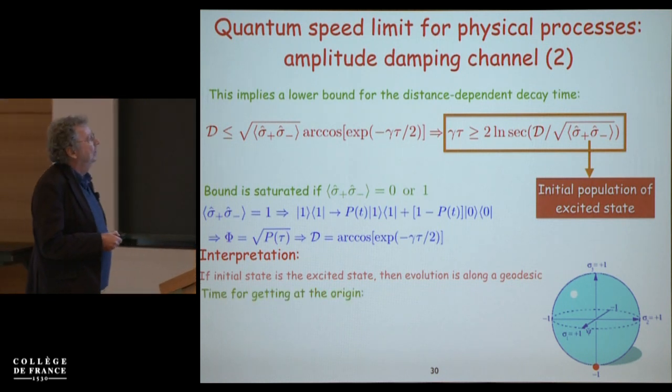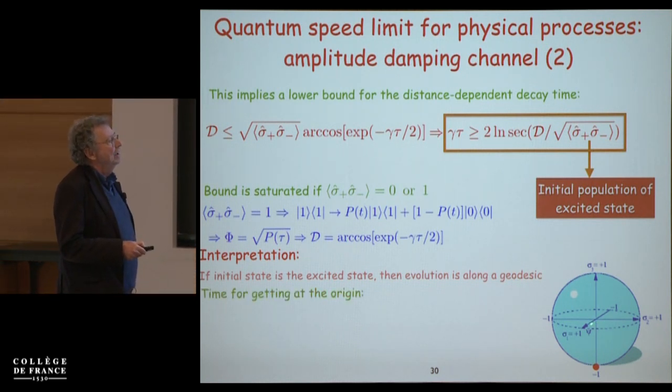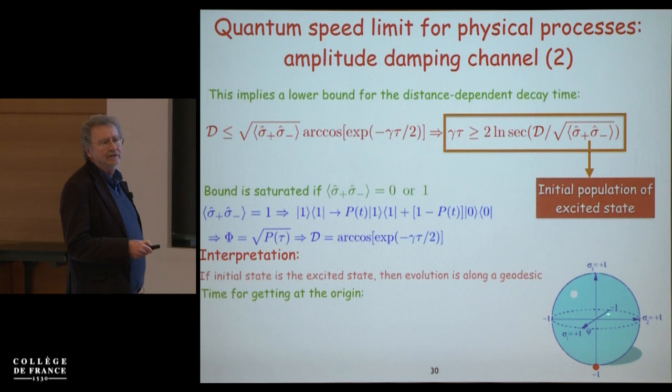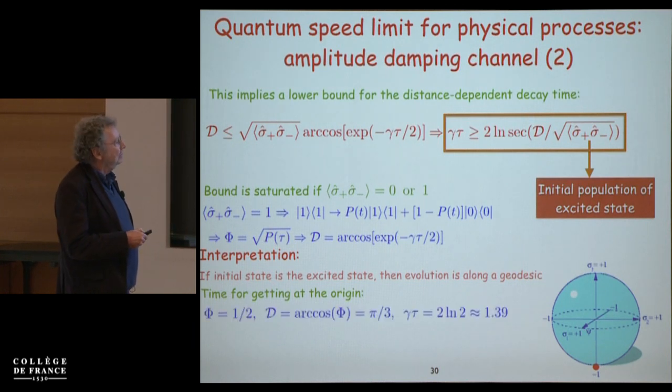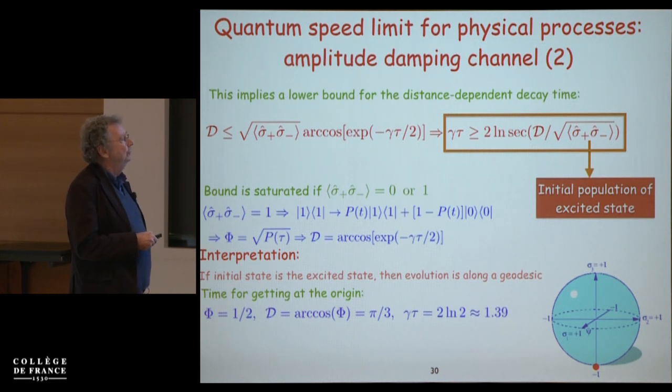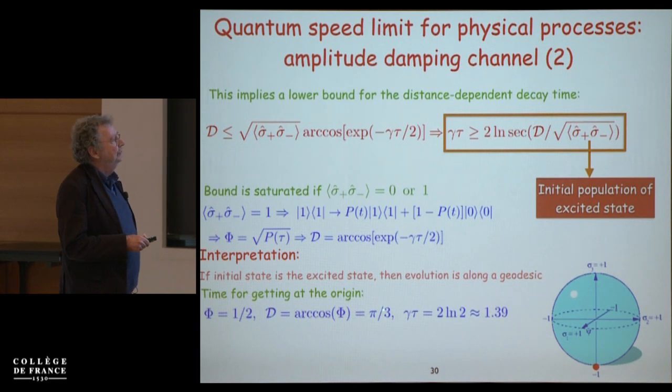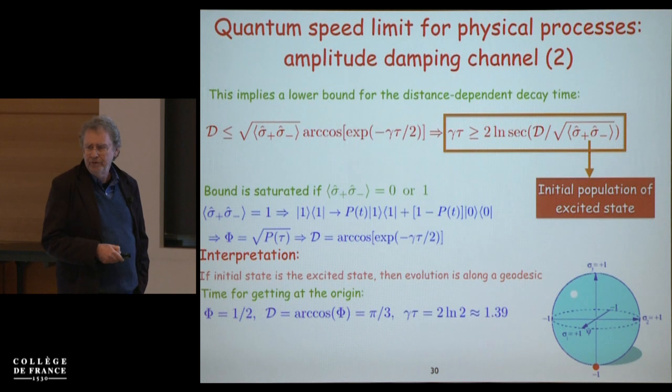For instance, you can calculate the time for getting to the origin. At the origin, you have the identity here. That means that the fidelity with respect to the initial state is equal to 1/2. The distance is equal to pi/3, so you get this expression for gamma tau, okay, for reaching the origin.